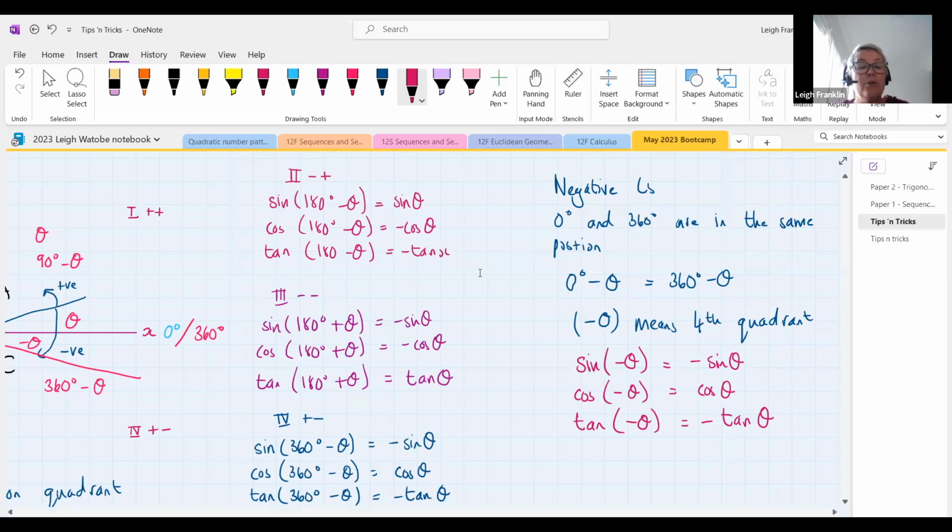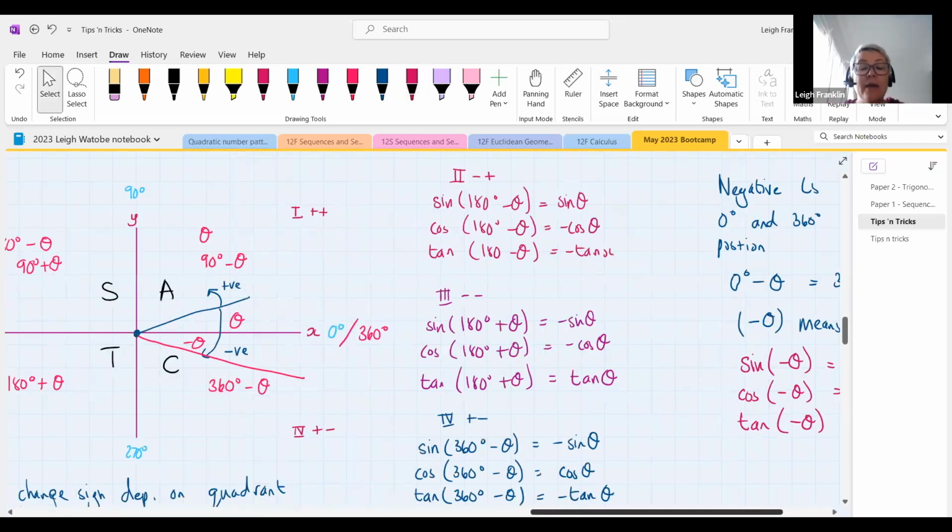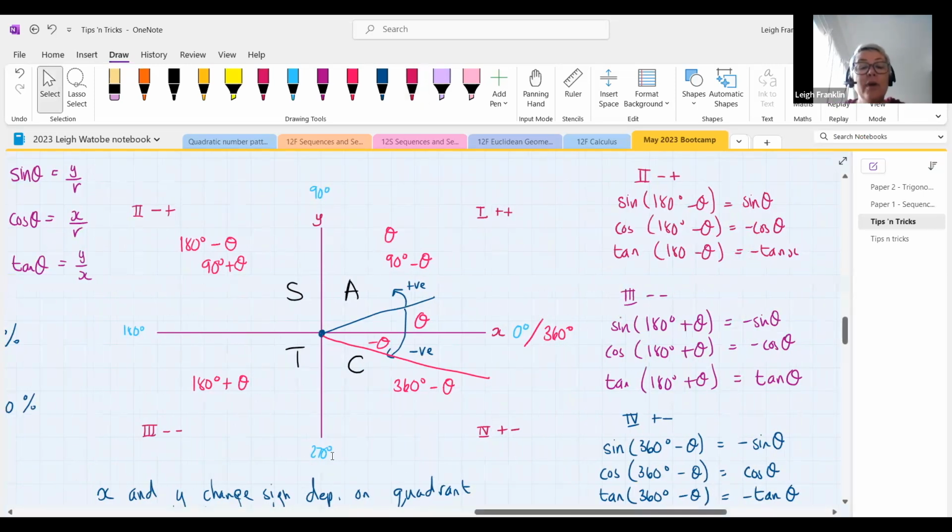So you can look, going back to your CAST diagram again, you can look at 270 as negative 90. Okay, I'm going to say that again. You can look at 270 as negative 90.